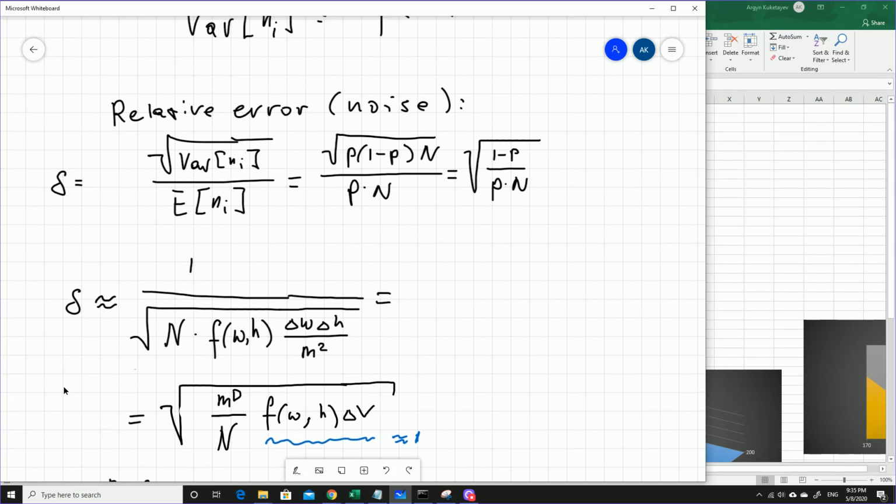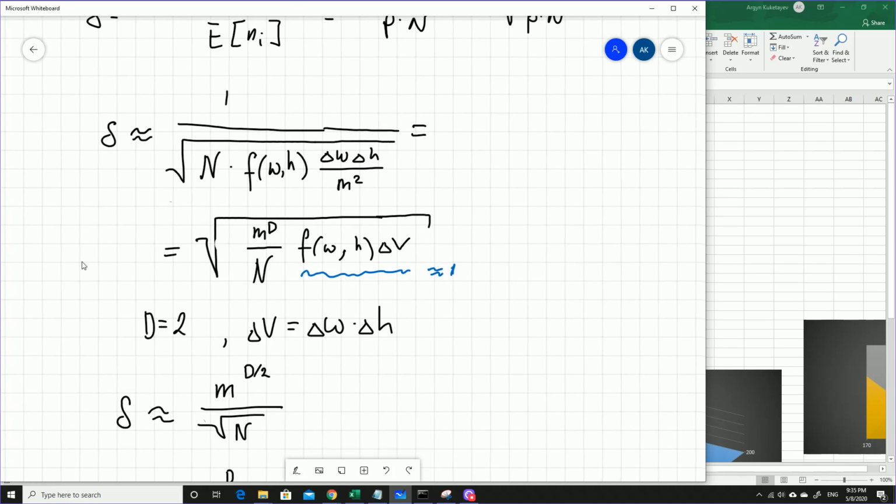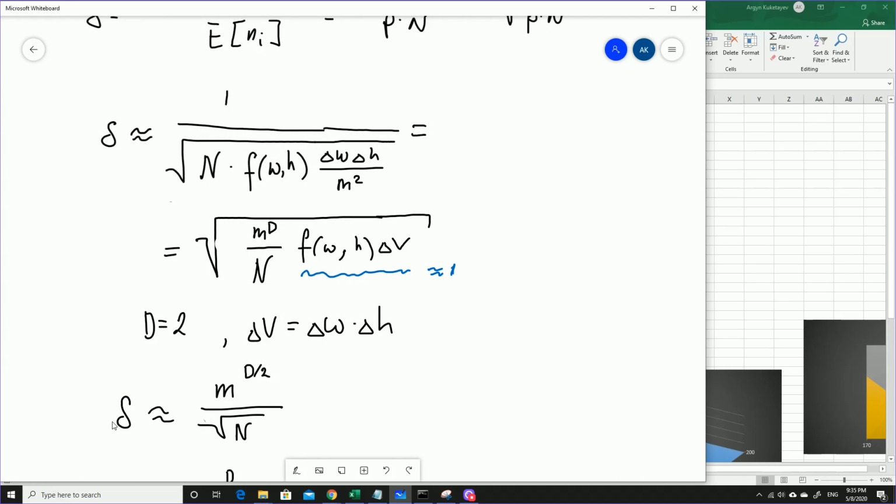When we multiply the density by the entire area or volume, we should get something close to 1, right? And that's what I'm going to do. I'm going to remove this. So my formula further simplifies, and the precision or uncertainty, noise, whatever you call it, of my estimate of the probability is now this number, right? So it's m to the power d over 2 and so on.